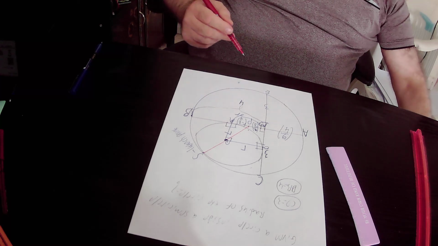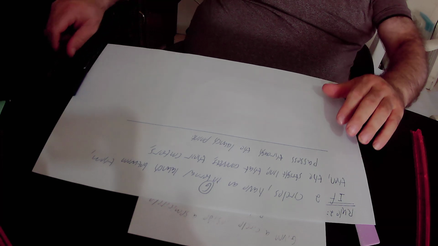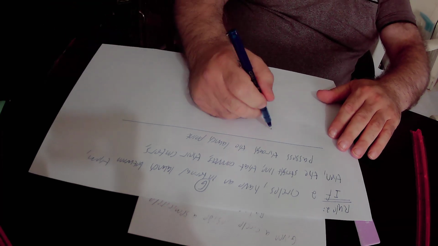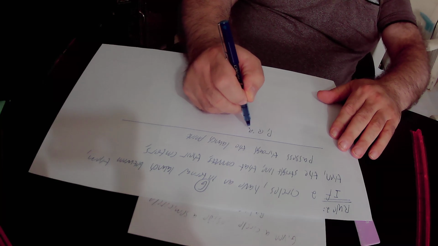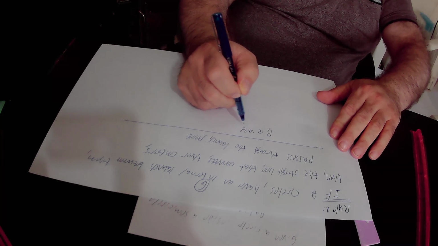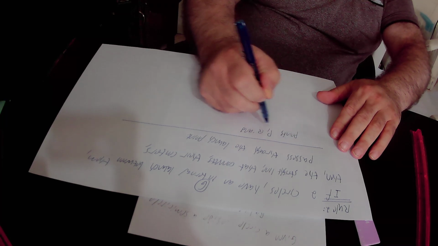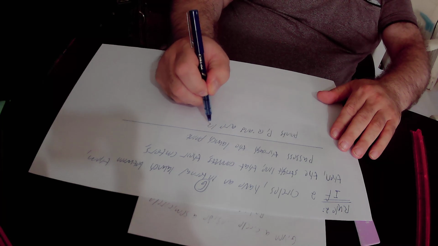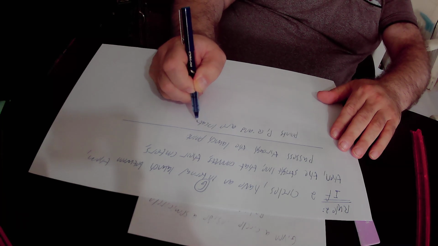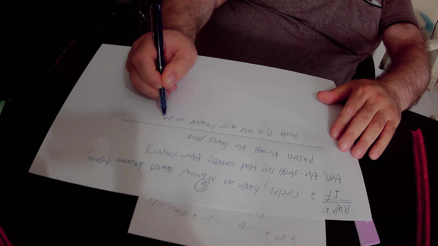So you can conclude from rule number 2 that points P, Q, and S are located on the same straight line.